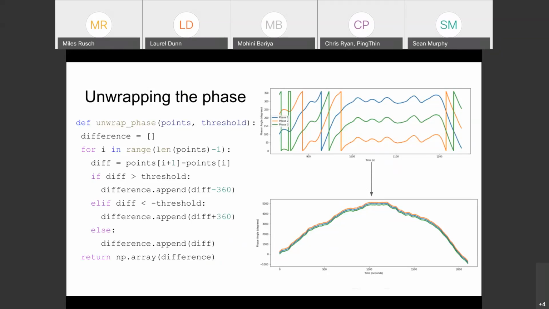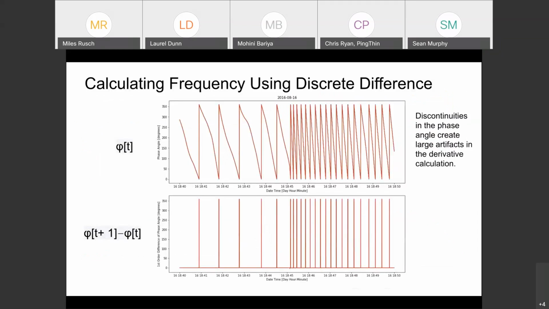Which is a good assumption looking at this plot of the initial difference. We see that actually we can't see any variation other than these large artifacts.